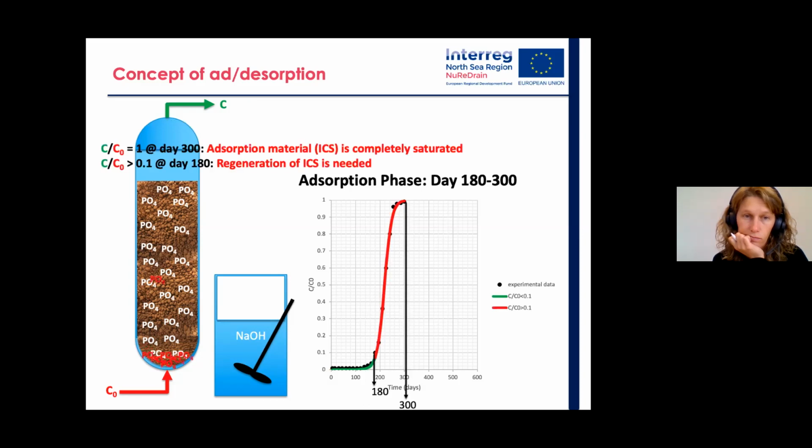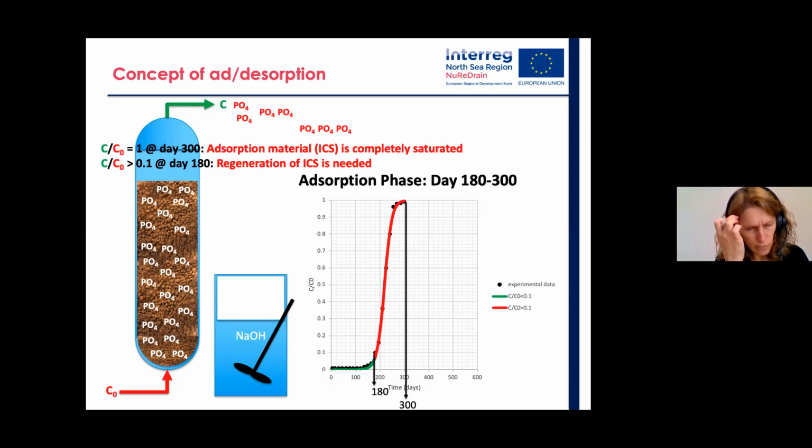After a while, all the phosphorus will end up in the effluent, and at day 300, you see here the filter is fully saturated, and this is the moment you could say to regenerate. But this is also too late. If the concentration is too high, you have to do it like here after 180 days.